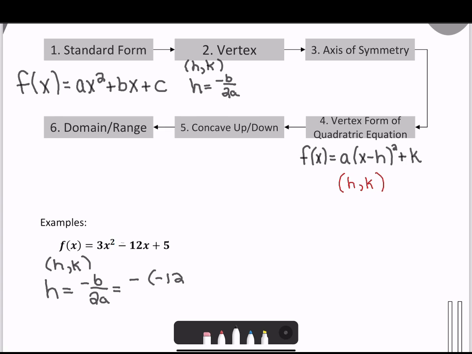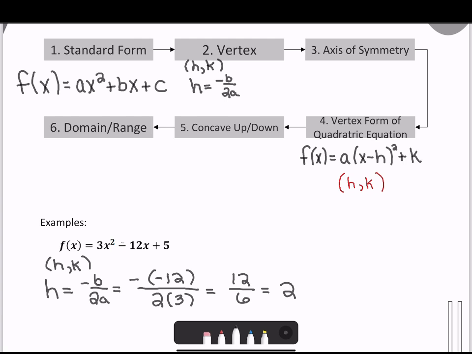That's one of them dangerous things, those negatives. So you got the negative, and then your b value is negative, so that's going to turn to a positive eventually. And then you have 2 times your a value, which is 3. Okay, so you have 12 over 2 times 3, which is 6, and then 12 divided by 6 is 2. Okay, I found the first coordinate in my vertex is 2.